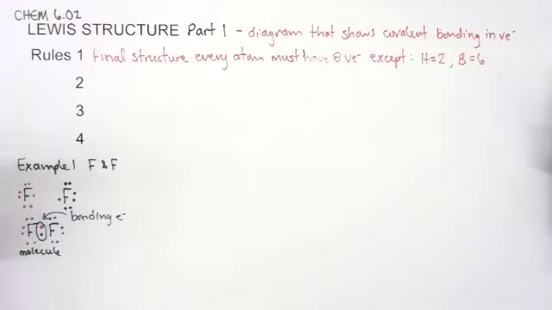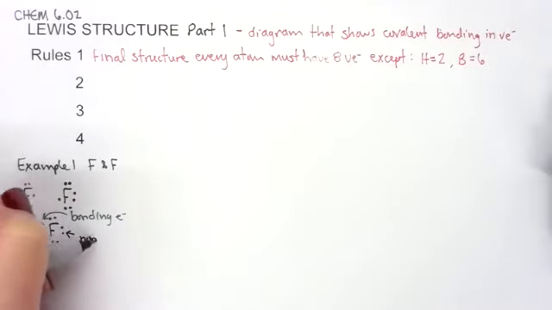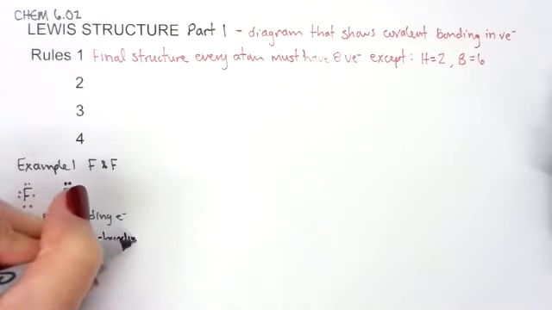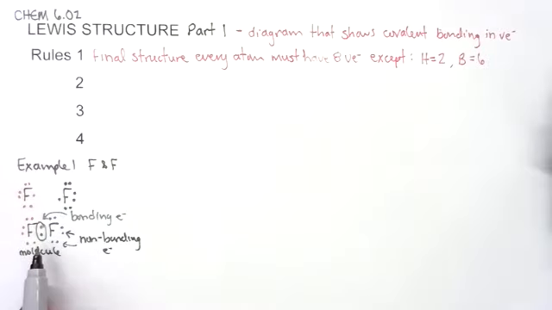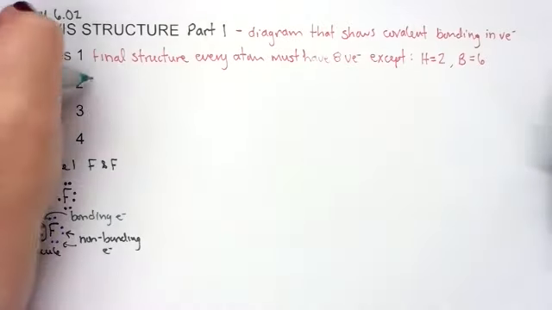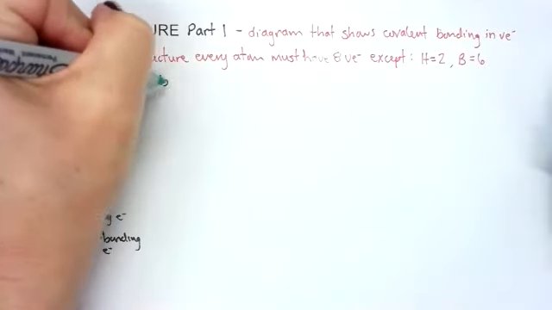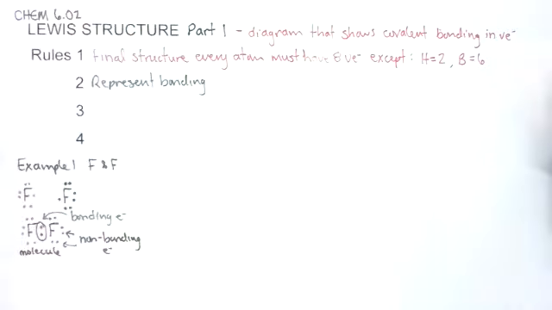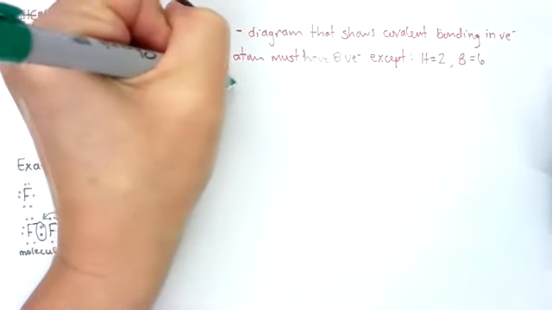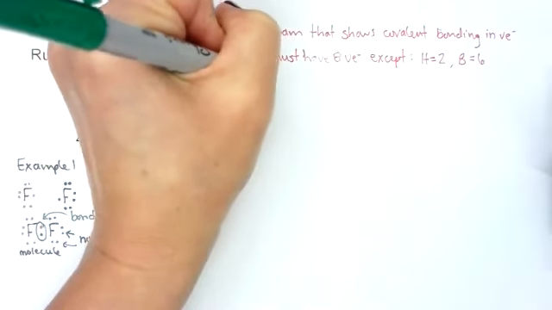So all the others are non-bonding electrons. The bonding electrons are the electrons that are responsible for keeping this molecule together. Rule number 2 is we represent the bonding electrons with a dash.